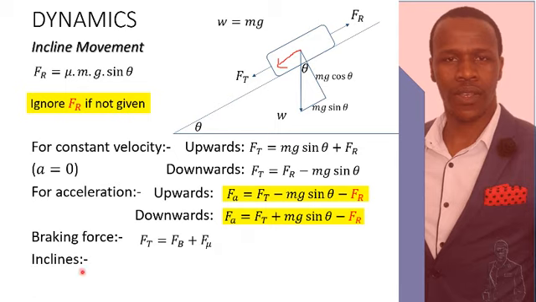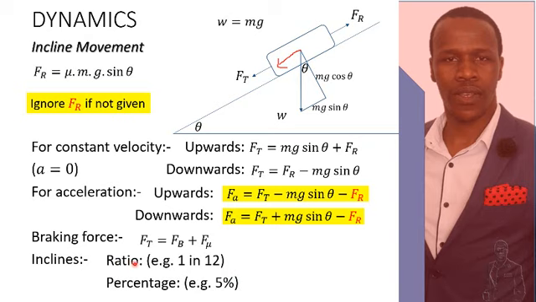Now what about inclines? How can they be written for us? Okay, so they can be written as a ratio or as a percentage. For example, if it is a ratio 1 in 12 or 1 in 120, you can just use this. But if it's 1 in 120, for example, you will just say this tan theta is equal to sine theta.